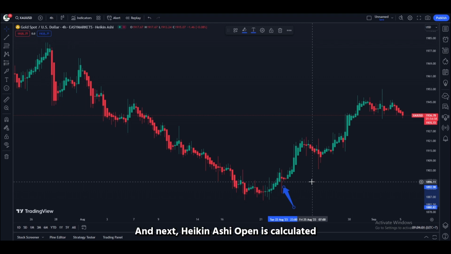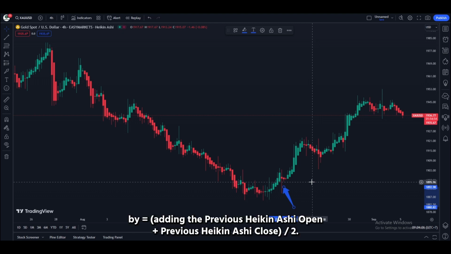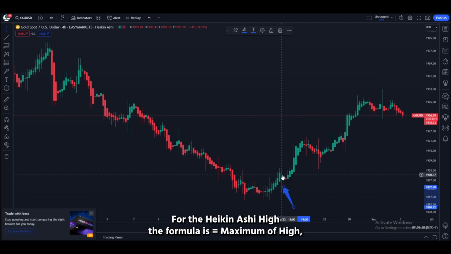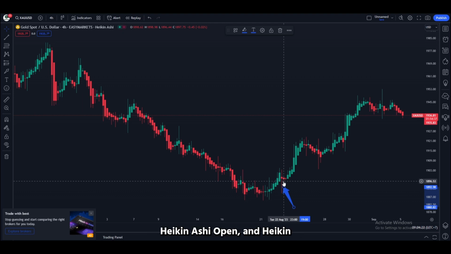And next, Heikin Ashi open is calculated by adding the previous Heikin Ashi open plus previous Heikin Ashi close divided by 2. For the Heikin Ashi high, the formula is the maximum of high, Heikin Ashi open, and Heikin Ashi close.